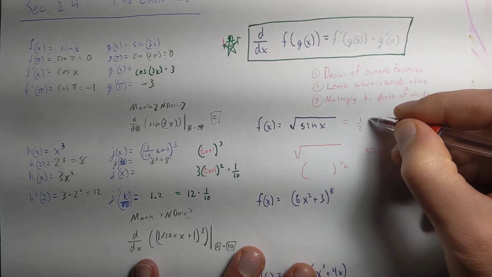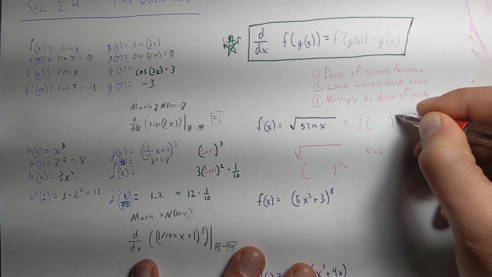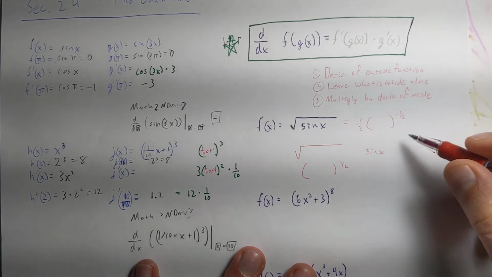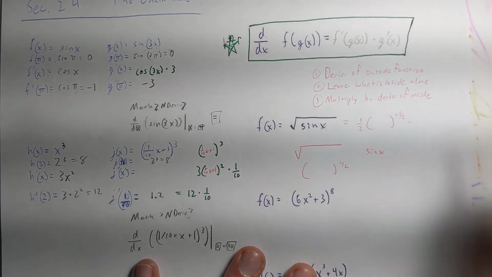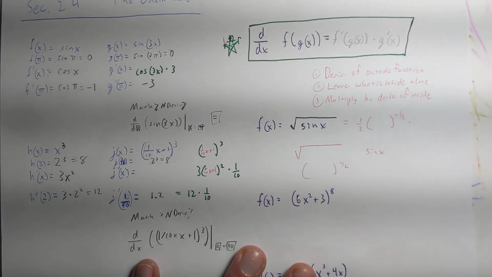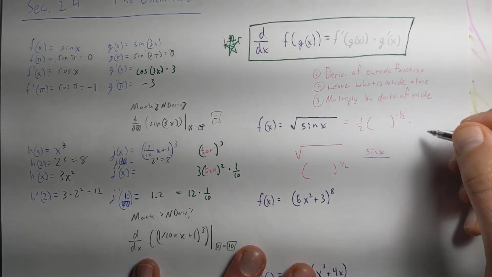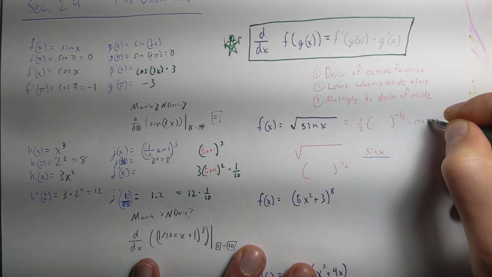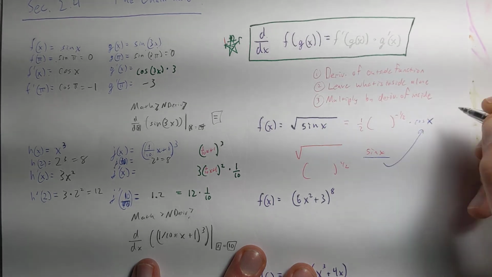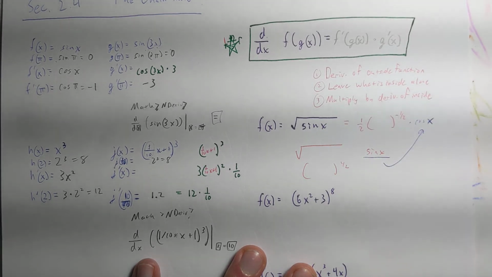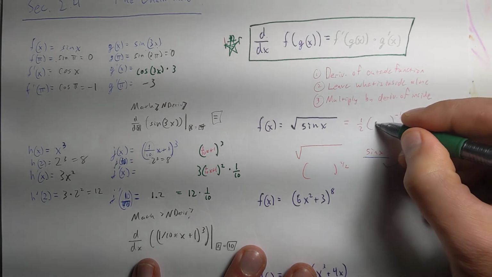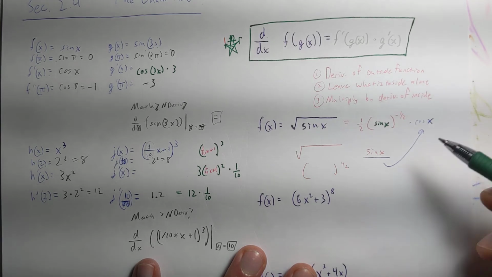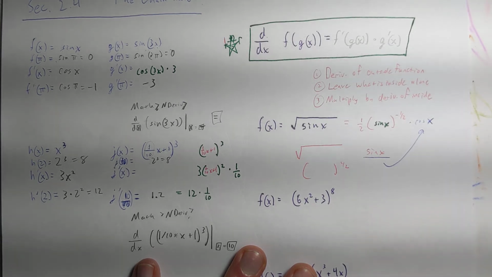It's 1/2, using the power rule, whatever, to the negative 1/2. Then I've got to deal with the derivative of the inside. Well, the inside here is this. The derivative of sine is cosine of x. That's there. We're leaving the sine of x on the inside alone for now. And so that's our answer. You can simplify it if you want to. I wouldn't bother with it.